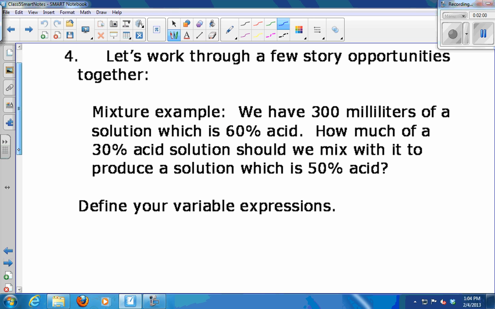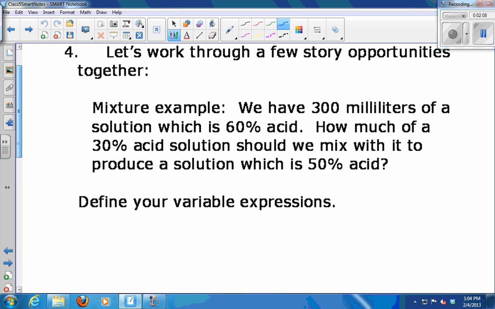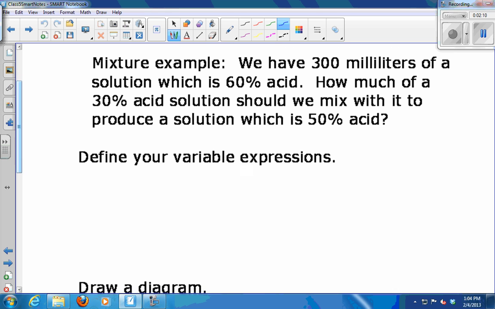So we're going to work through 3 of them together, and then you're going to do a few on your own for practice while I'm here. Okay, so a mixture problem. This is a really classic college algebra word problem.